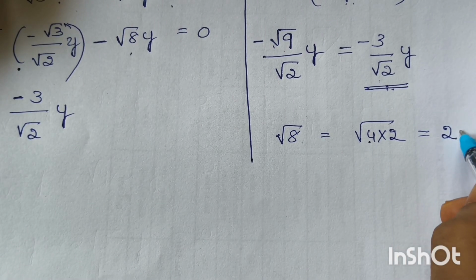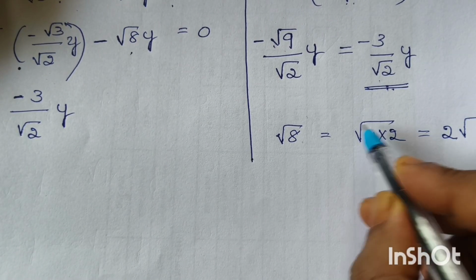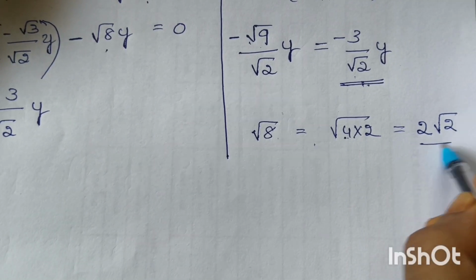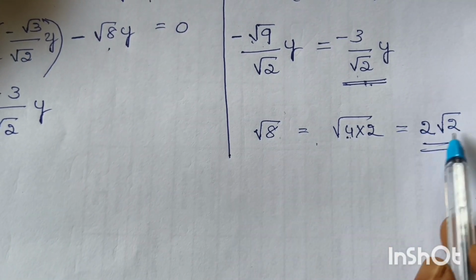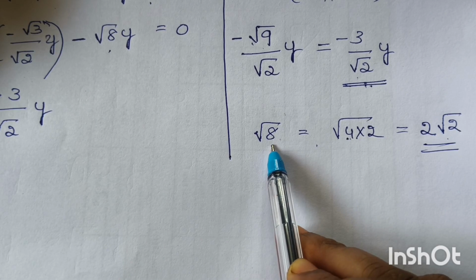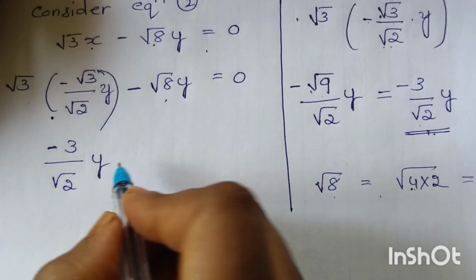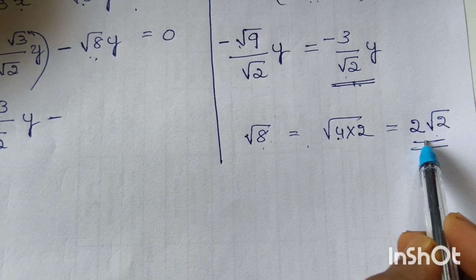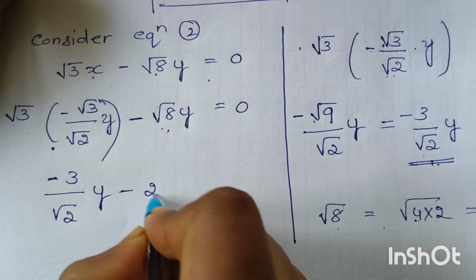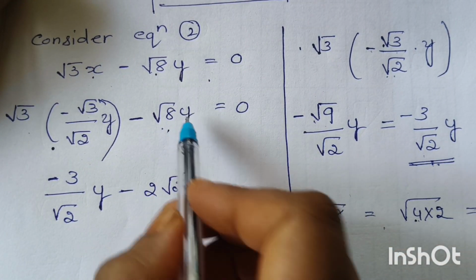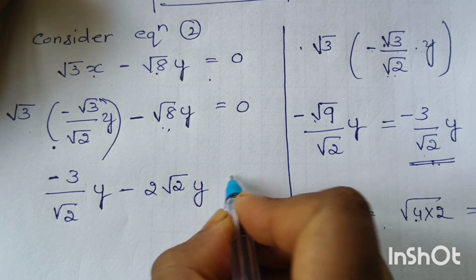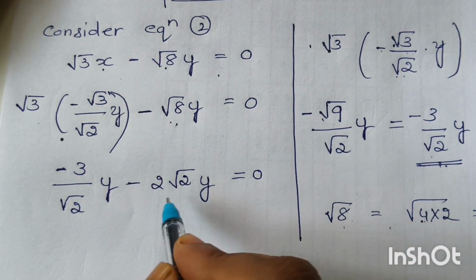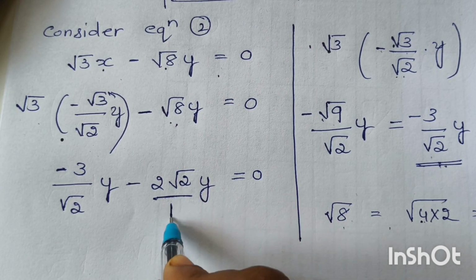Therefore, 2 we can take outside and into root 2. This is the simplified answer of this root 8. Therefore, for this root 8, I can write 2 into root 2, and for this y, let me write y is equal to 0. Nothing is in the denominator means I can take 1.